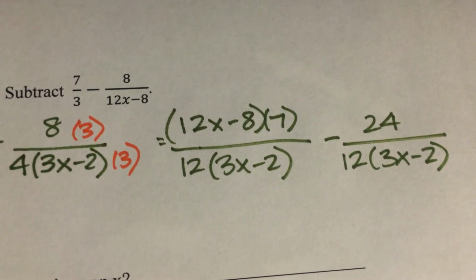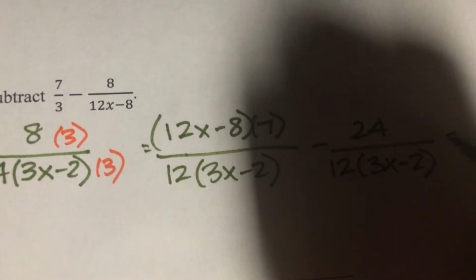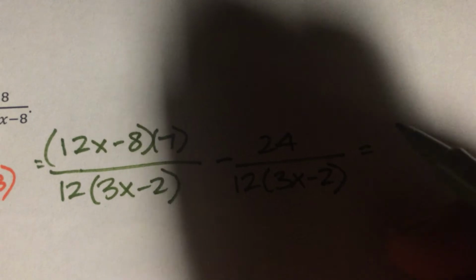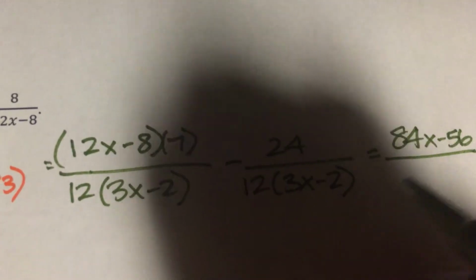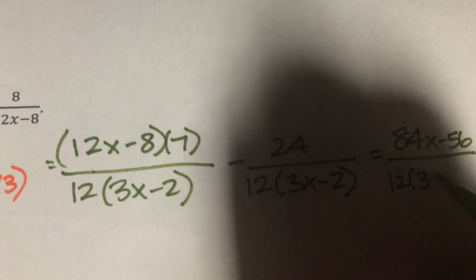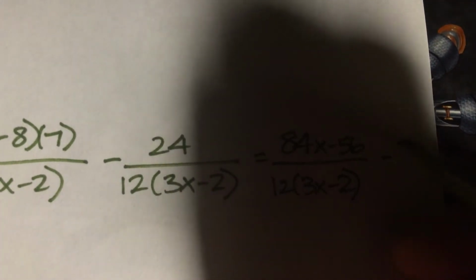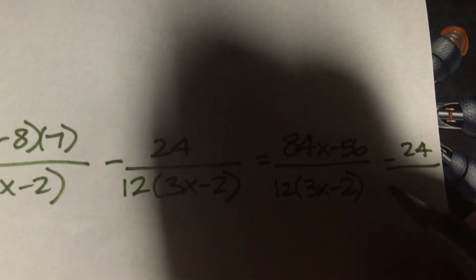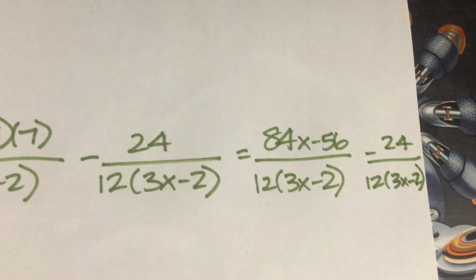All right, so I'm still not completely simplified. I need to distribute the 7 in there. So that gives me 84x minus 56 over 12 times 3x minus 2 minus 24 over 12 times 3x minus 2, like that.